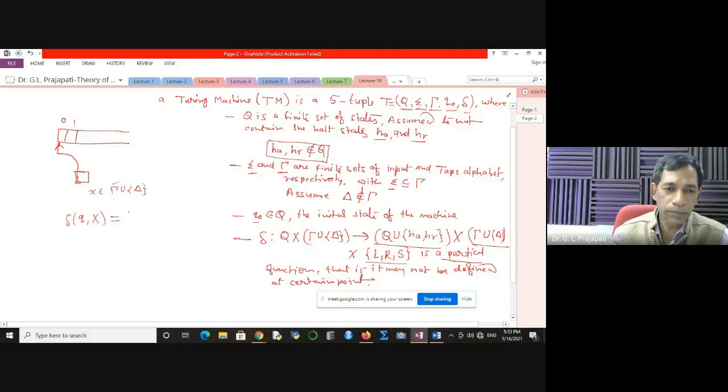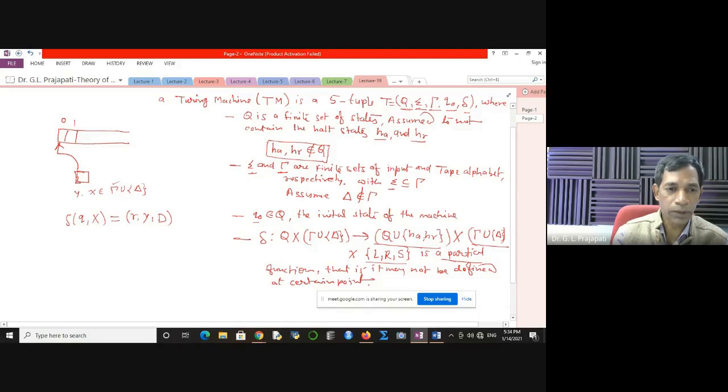Here you go to state R, and you modify the tape symbol, replacing it with Y, and you move the tape head either left, right, or stationary. Here X is any symbol from the tape or blank.